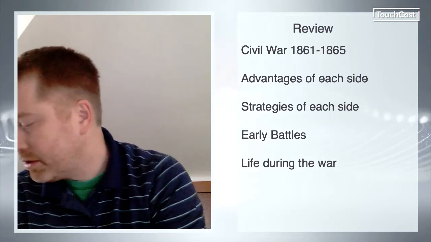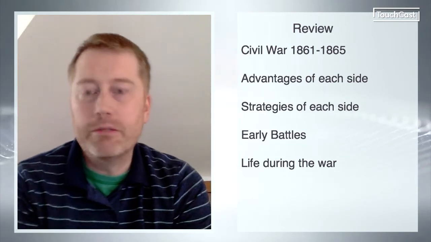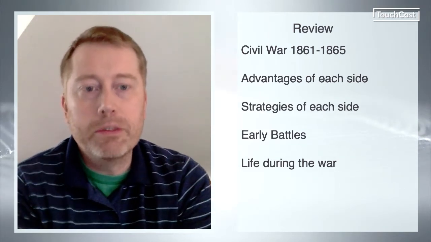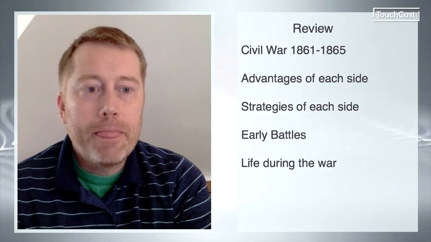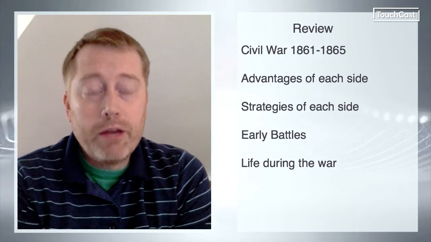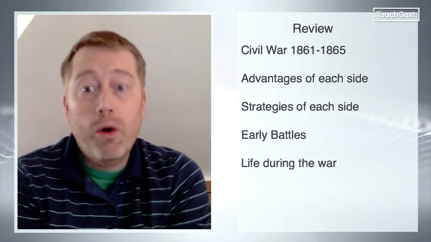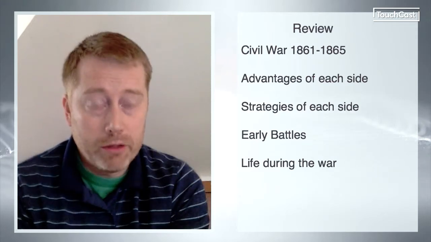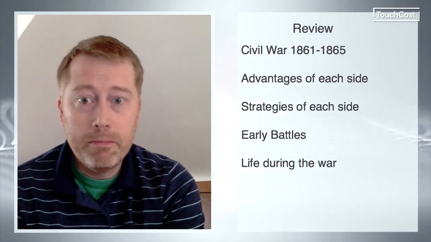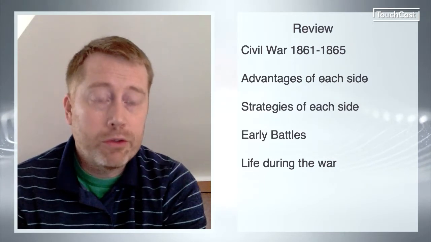And so in our books, I don't know what page it was, I think section 2, we talked about how many casualties there were. So many people dying, and the one thing that the North had was a lot more people, so they could afford to lose more people, and they were losing about 2-1 on most of the battles. The North was getting most of the casualties, but they had more people, so they could sort of survive that.